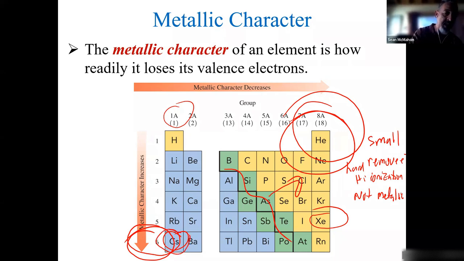This region, we have huge atoms, so it's really easy to remove electrons, right? And as a result, they're very metallic because metals like to lose electrons.